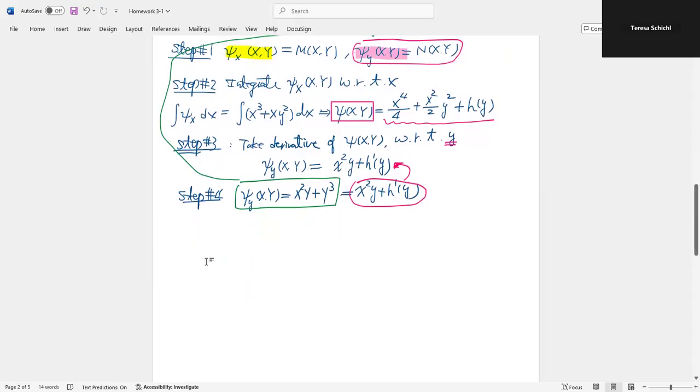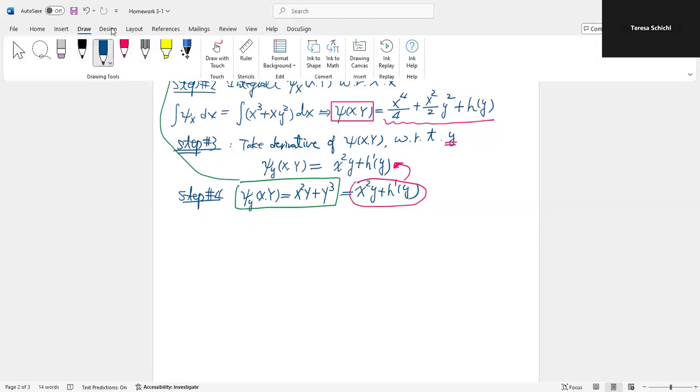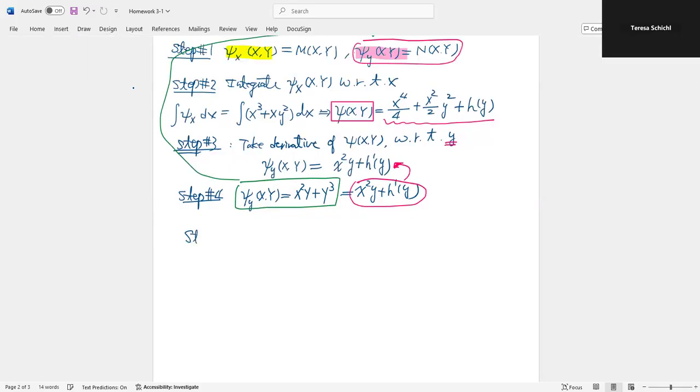Now step number 5. Because they are equal, I can get y cubed is equal to h prime of y. So now I integrate both sides.